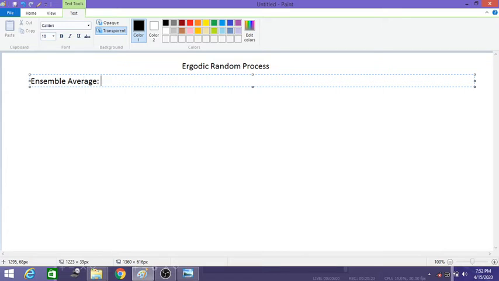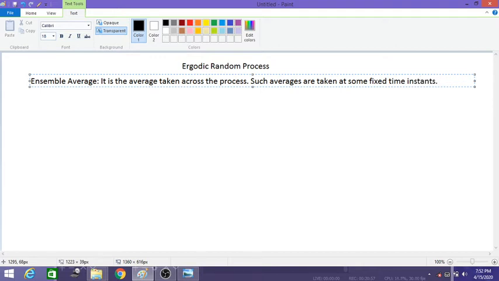Okay, so let me write the definition here. It is the average taken across the process. Such averages are taken at some fixed time instance.